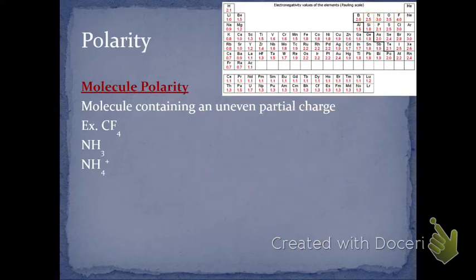Let's look at NH3. So let's just draw NH3. NH3 looks like this. If you look at it, NH3 is a little strange because the nitrogen is a little more electronegative. So you have hydrogen, which is 2.1, kind of going this way, that way.